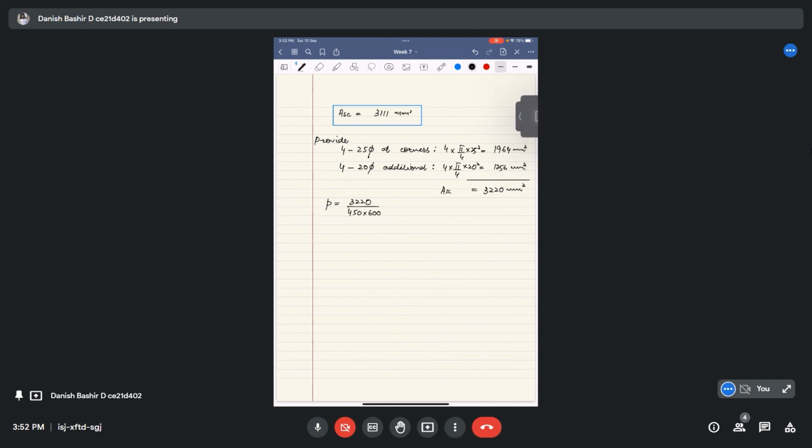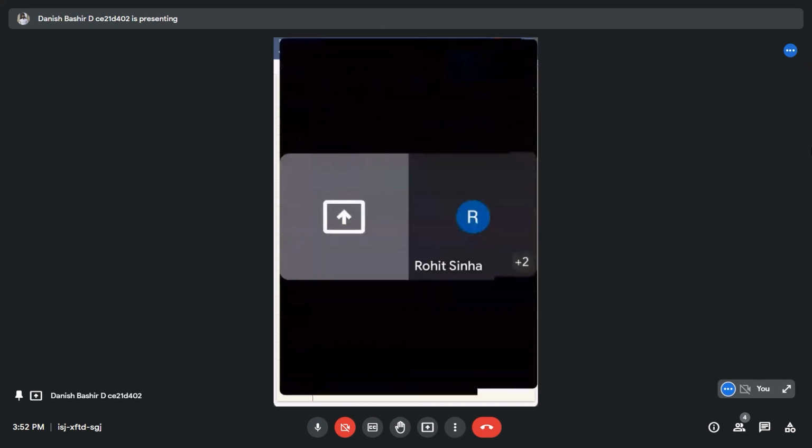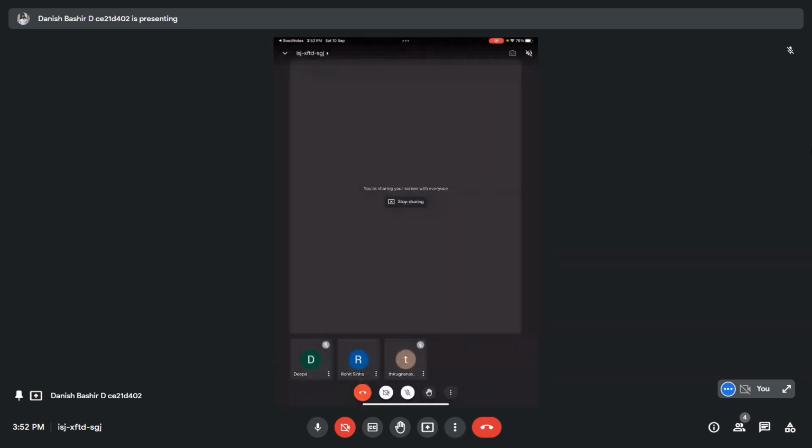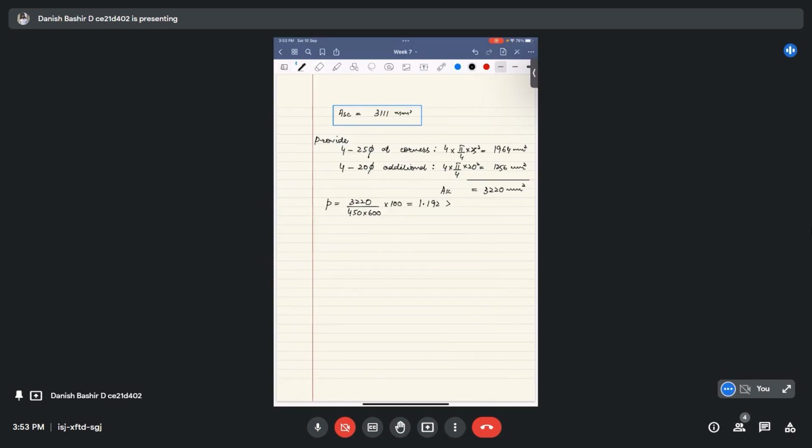The minimum reinforcement as per the code is 0.8%. It's greater than 0.8, so the minimum reinforcement requirement is okay. This requirement is passed.